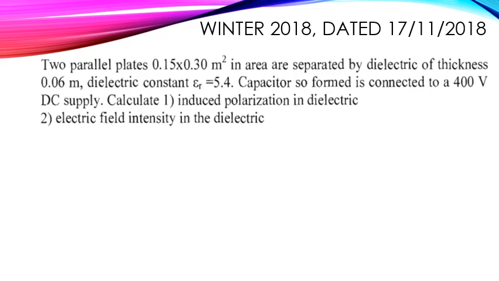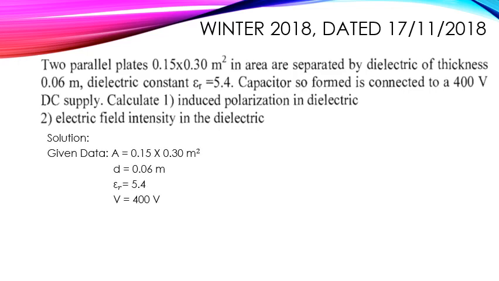So as we know, first write down the given data. As per the question, the area of the two parallel plates is given as 0.15 multiplied by 0.30 in meter square. Then the dielectric thickness d equal to 0.06 meter, that is the separation between two plates.